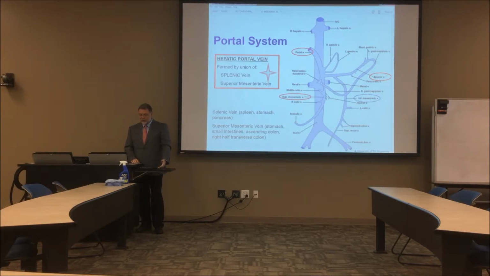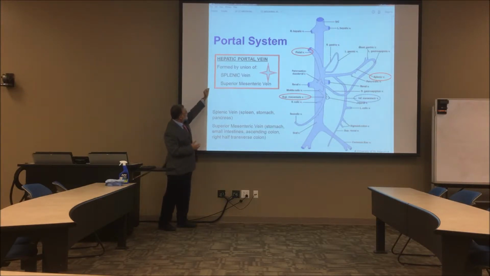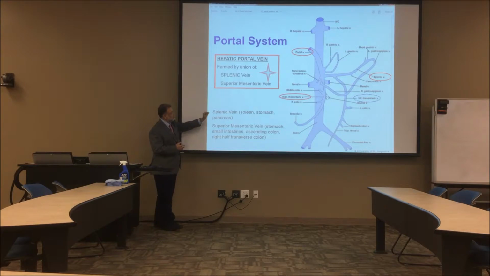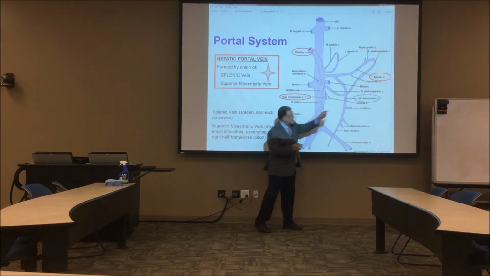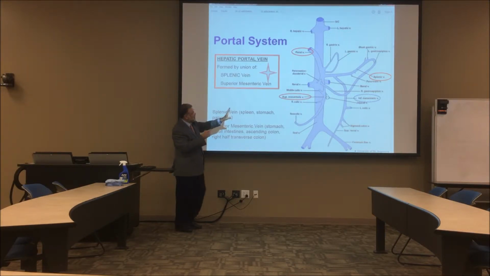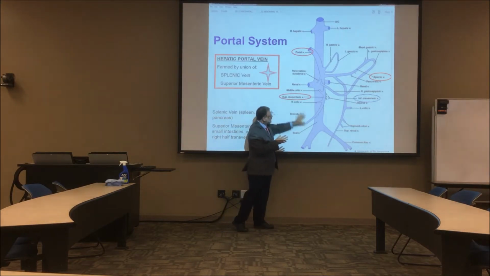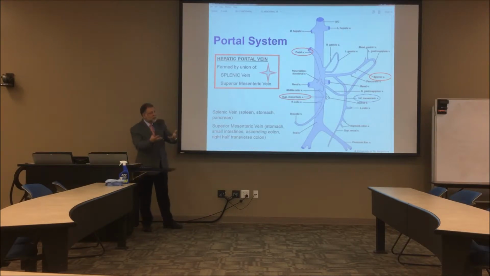So one of the things that are important for you to know is that the portal system, which is also called the hepatic portal vein, is the union of the splenic vein and the superior mesenteric vein. These two veins join and form what is called the hepatic portal vein. Those two veins carry from every single part of your abdominal area the blood needed for metabolic processes, nutrients, detoxification, or anything.